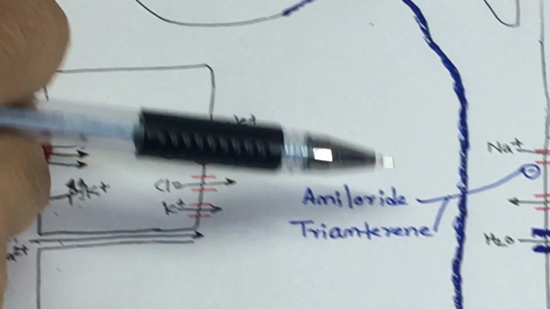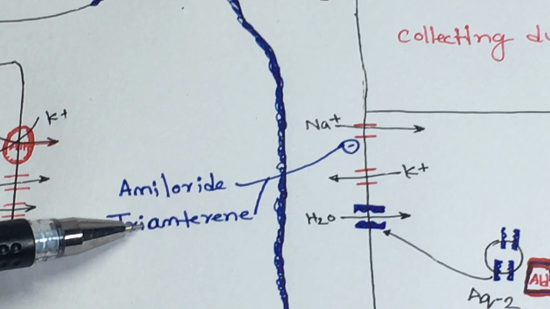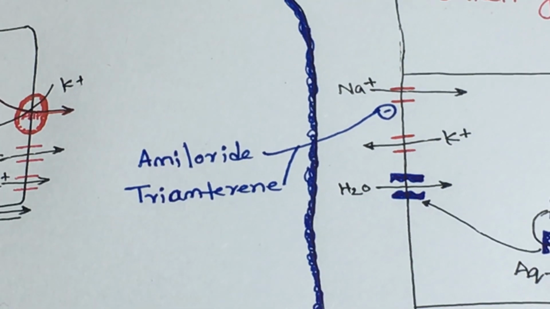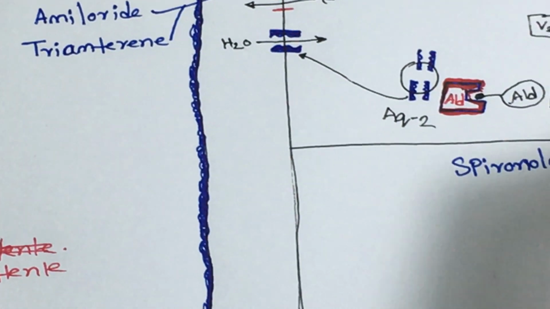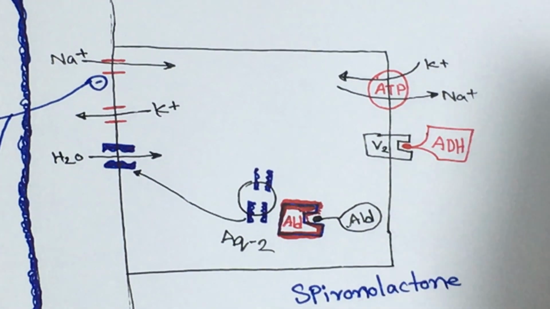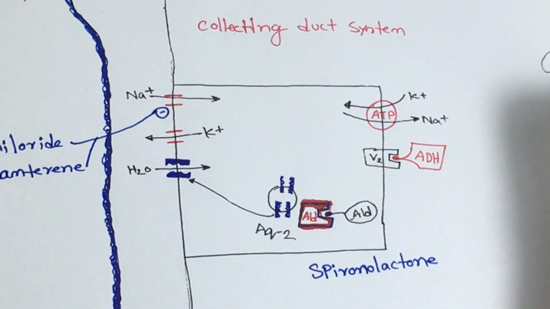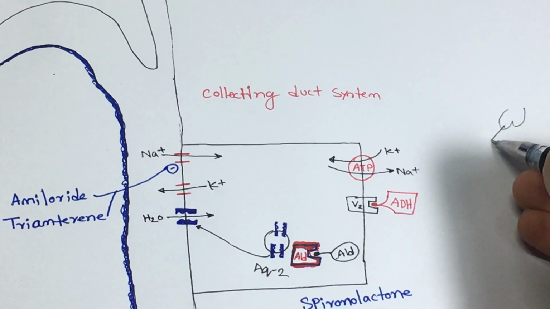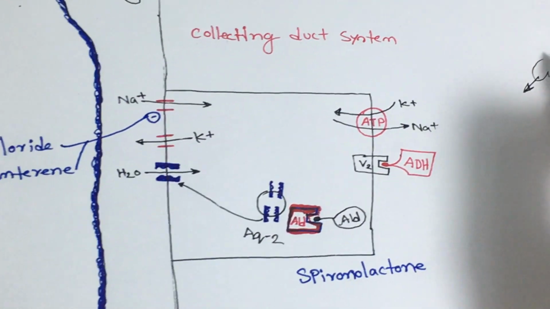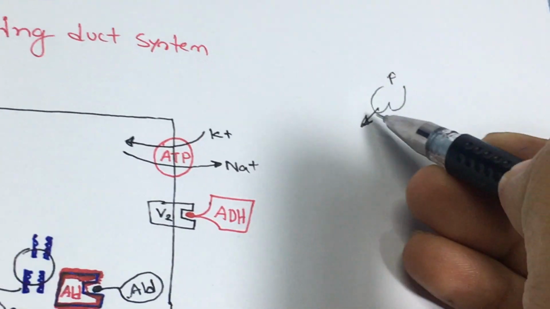Now the last part of the nephron, which is permeable to water when your ADH is present in the blood. We know that ADH is secreted from the posterior pituitary gland.